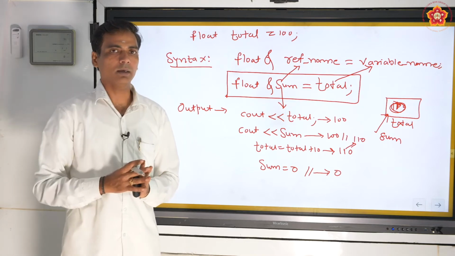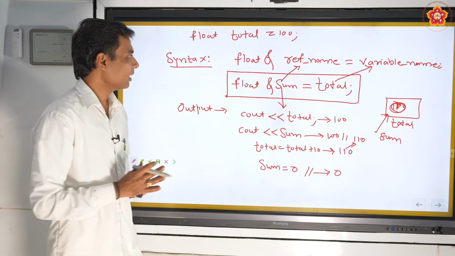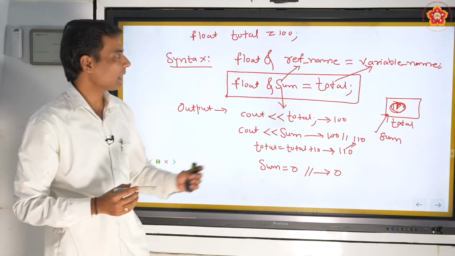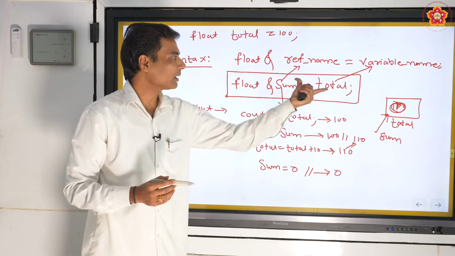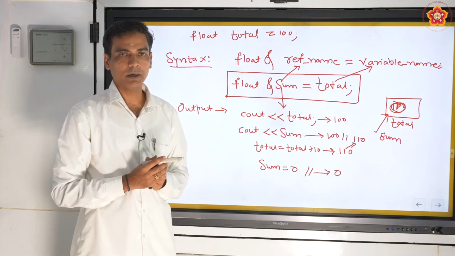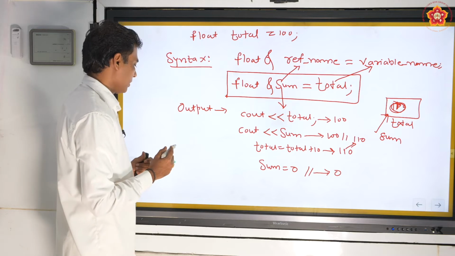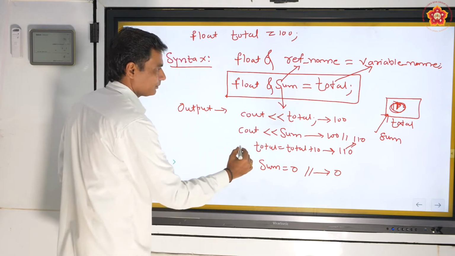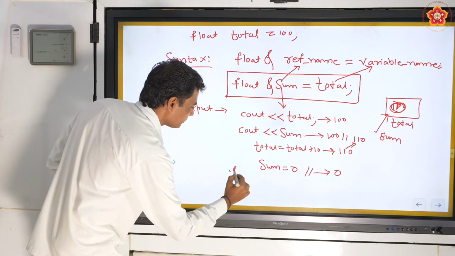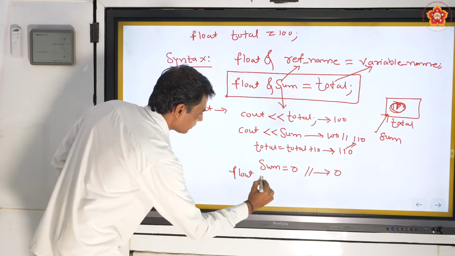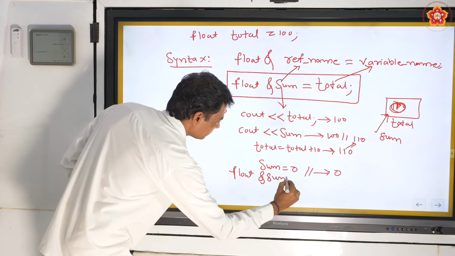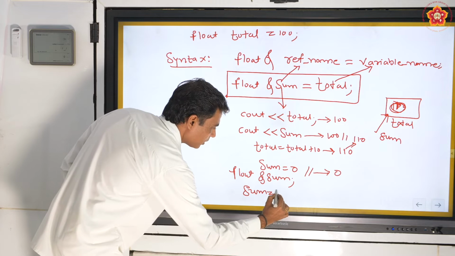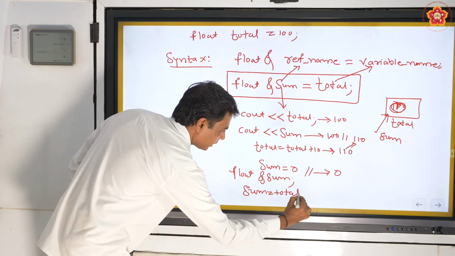One point to remember here is that when you create a reference variable, it has to be initialized with the actual variable at the declaration itself. It will not work like this, that you declare the reference variable, say float address of sum, and then initialize sum is equal to total.